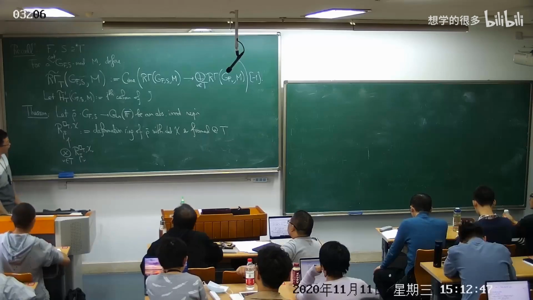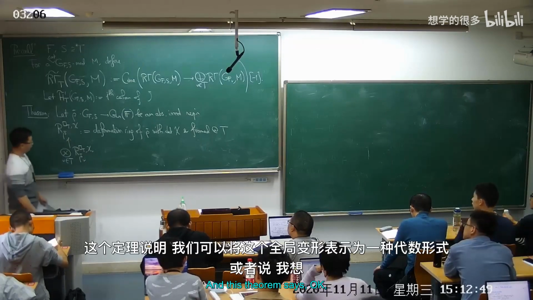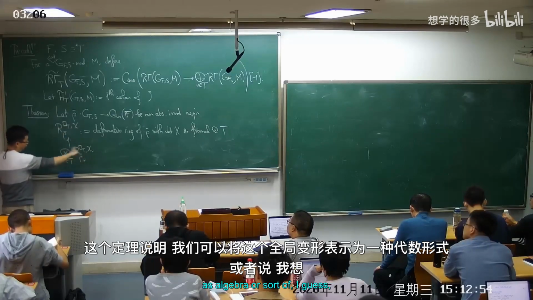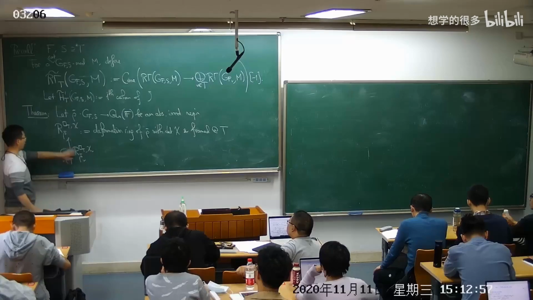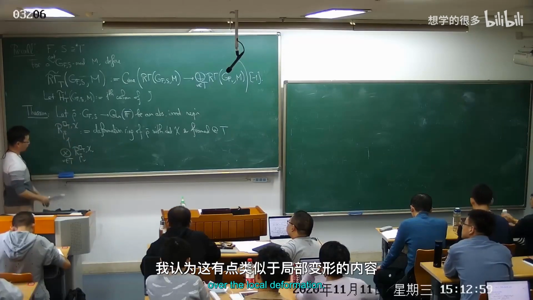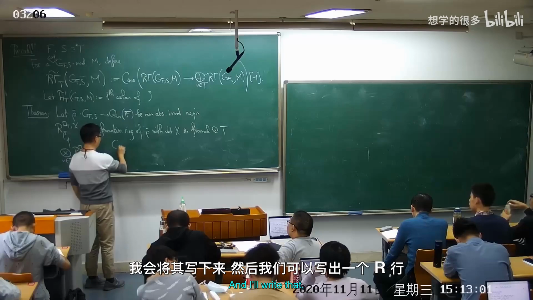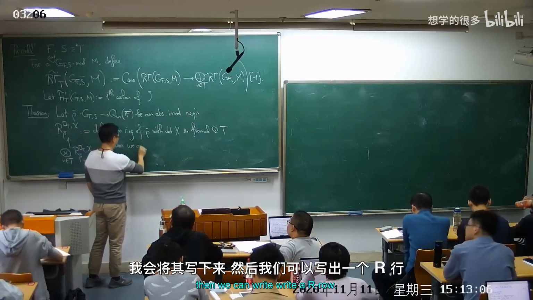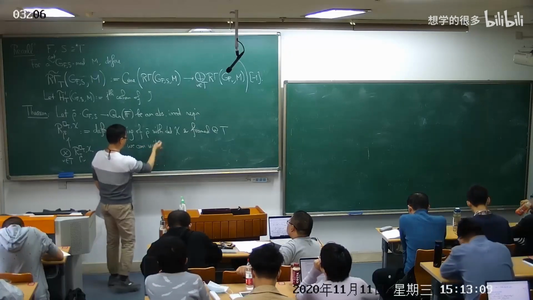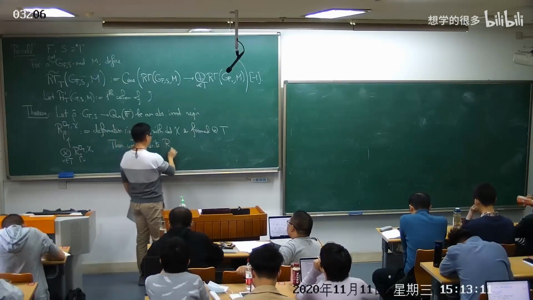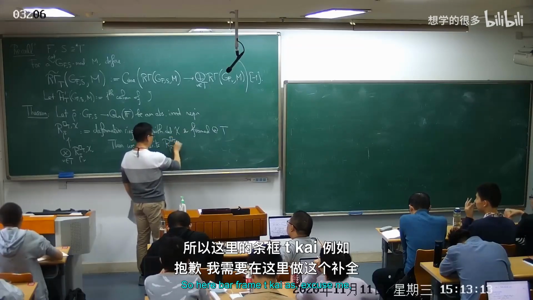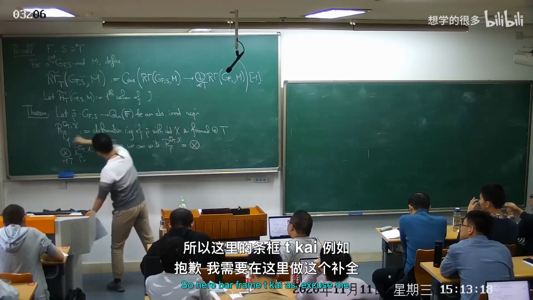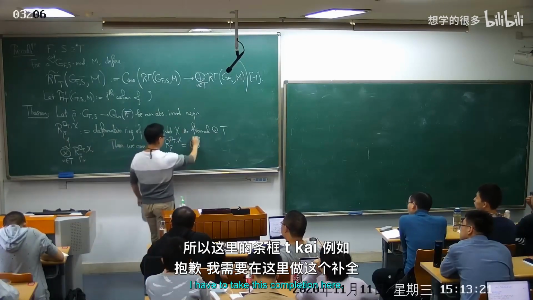As before. And the theorem says that we can represent this global deformation ring as an algebra over the local deformation ring. Then we can write R_{rho bar, T}^{frame T, chi} as, excuse me, I have to take the completion here.